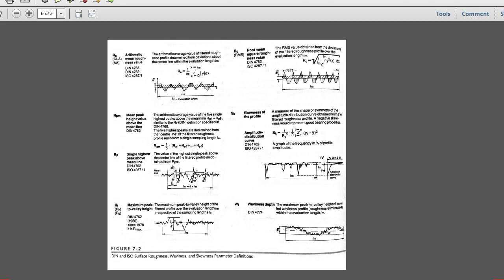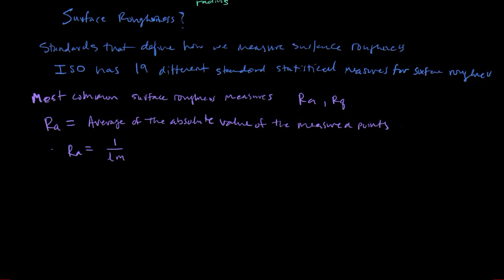LM is the length of the evaluated surface that you're looking at, and then the RA or RQ metric is the Y metric, and each point is the Y height for that surface. And so the RA value is 1 over the length of the evaluated surface integrated over the surface, taking the absolute value of each point in the data set.